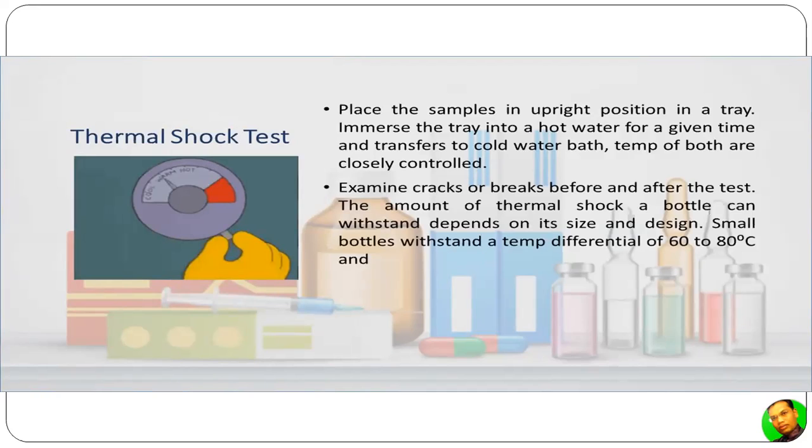We need to examine the container for any cracks or breaks before and after the test. The amount of thermal shock a bottle can withstand depends on its size and design. Small bottles withstand a temperature differential of 60 to 80 degrees Celsius.